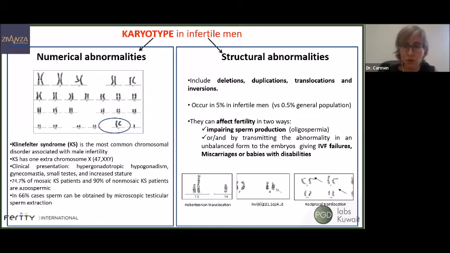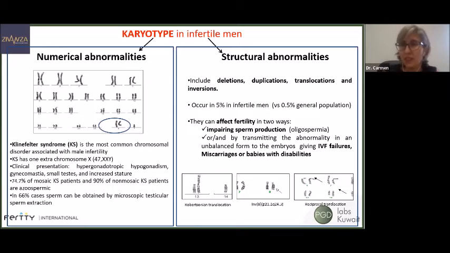Another way of affecting fertility is that maybe this patient can have a completely normal sperm sample, but they can transmit this abnormality in an unbalanced form to their embryos, giving IVF failures, miscarriages, or babies with disabilities. The patients that are carriers of structural abnormalities are completely balanced. They don't have any extra or missing DNA, okay?